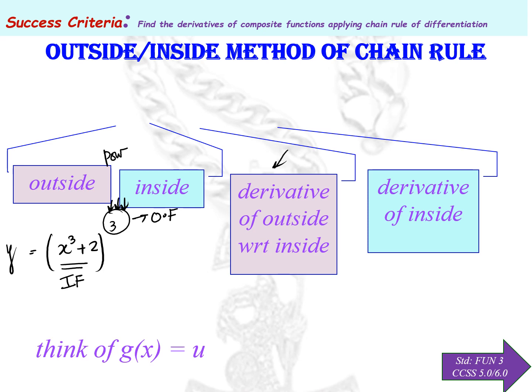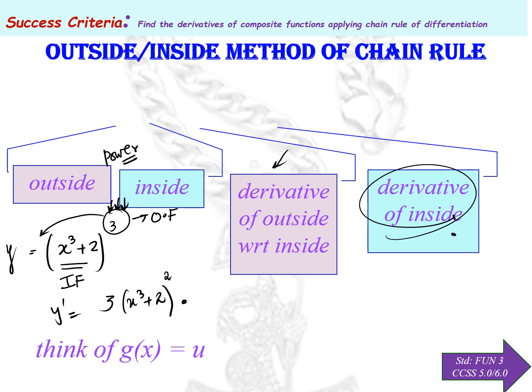So what does the power rule say? Bring the power before the function, that is 3. Write the inner function as it is. Now the power rule says to subtract 1 from the power, so it becomes 2. After that, according to the chain rule, now take the derivative of the inner function.